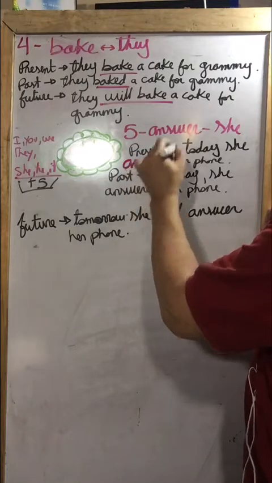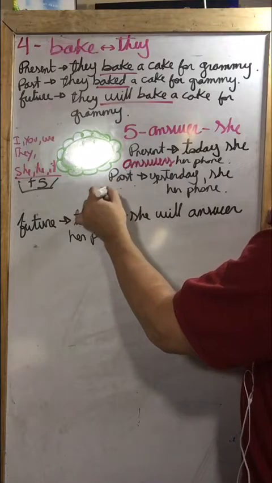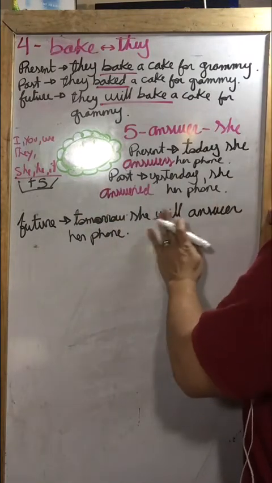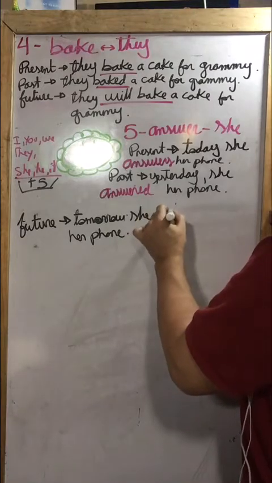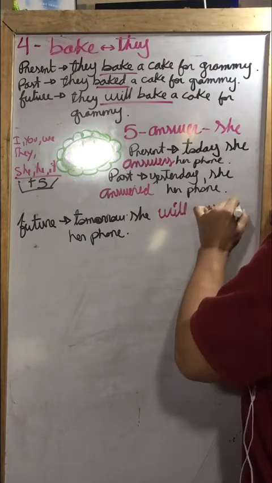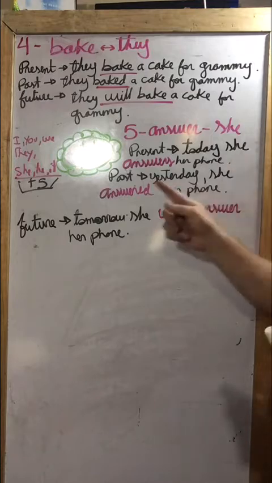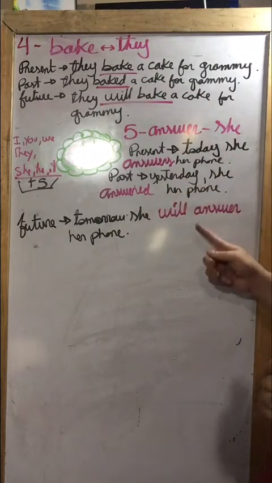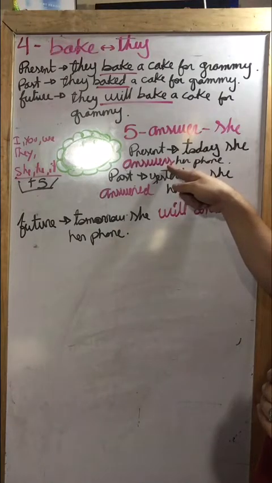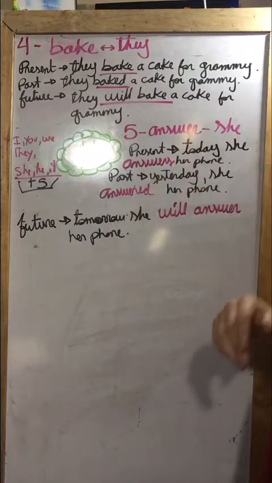Answers. Answered. Will answer. Okay, so as you can see in both of them, the only thing that changes is the form of the verb, but also for she, he, and it, you are going to change the she, he, and it by adding the s.